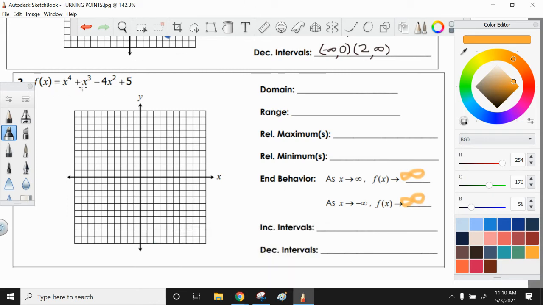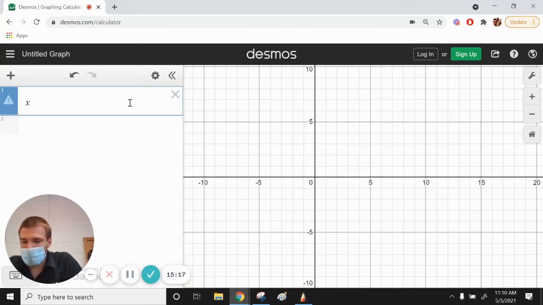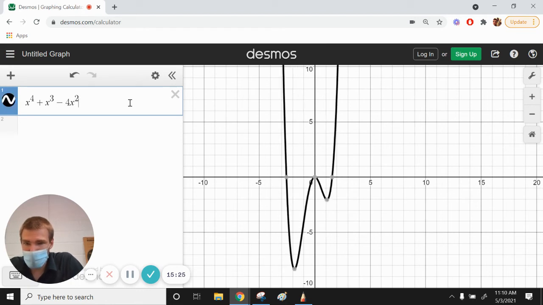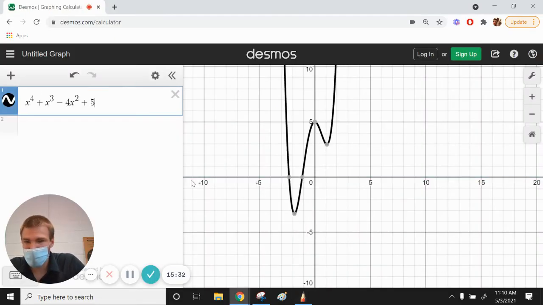X to the fourth plus x cubed minus 4x squared plus 5. Let's make sure. X to the fourth, x cubed, minus 4x squared plus 5.